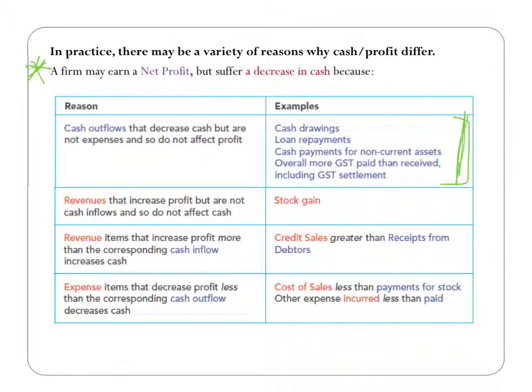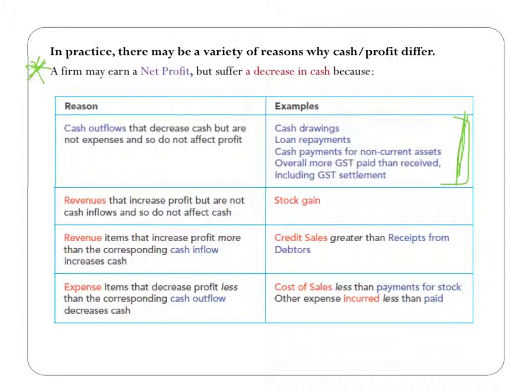Or you can have other balance sheet adjustments such as other expenses incurred less than the actual amount paid, which means that again it will decrease profit less than it will decrease the cash.